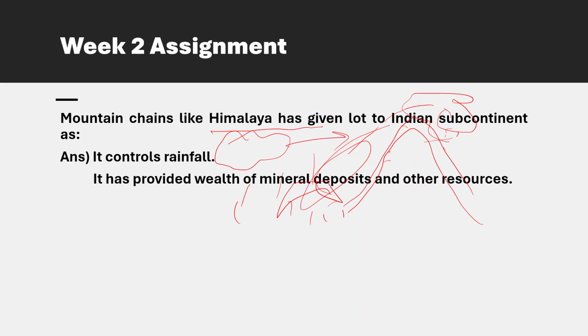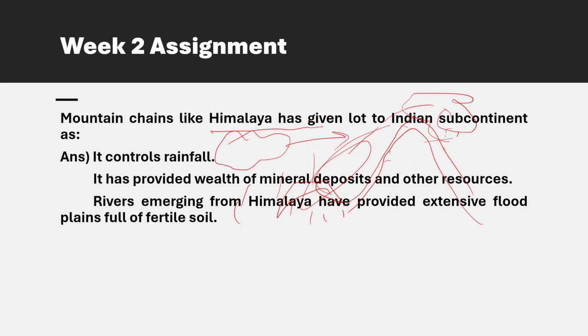So it controls rainfall. It has provided a wealth of mineral deposits and other resources because of the conditions in which it has formed. And definitely the rivers emerging from the Himalaya have provided extensive floodplains full of fertile soil. As I said, if you look at the civilizations present in India or even around the world, in the past or even in the present for that matter, people prefer to stay in regions close to rivers, basically on the floodplains, because that region is very fertile.